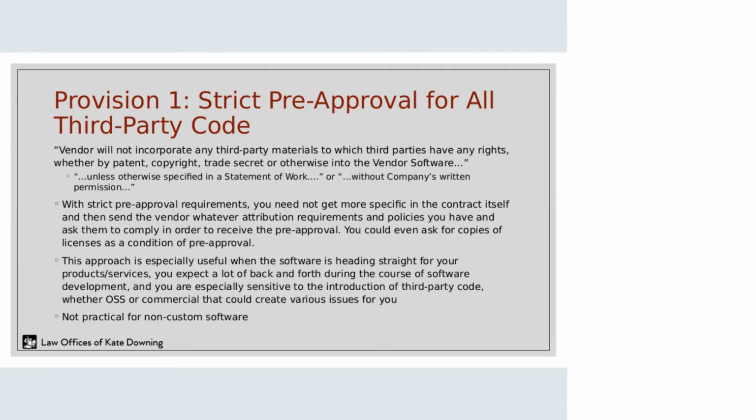This is great when you're hiring a vendor who's going to write very custom code for you. It's obviously not great if you're buying stuff that's more or less off the shelf, because a vendor who has provided you something off the shelf is not going to go through a pre-approval process with you for every piece of open source or third-party code they add to their product. So context matters a lot.